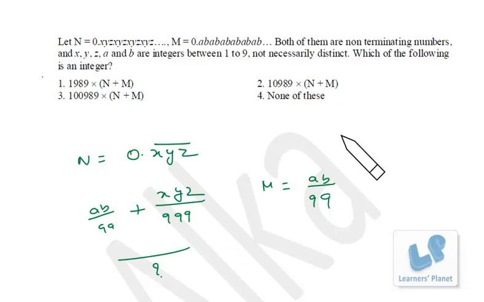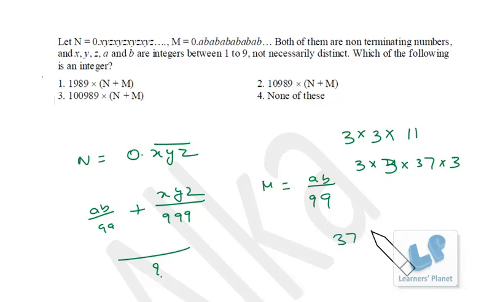So 99 is 3 into 3 into 11, and 999 is 3 into 3 into 3 into 37. Precisely it is 111 into 9, so I just have to have one more 3. So LCM will be 37 into 11 into 27.